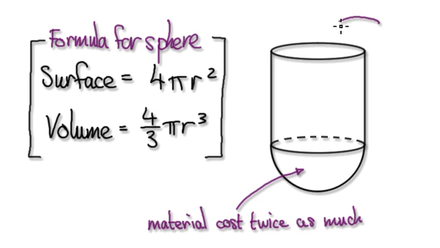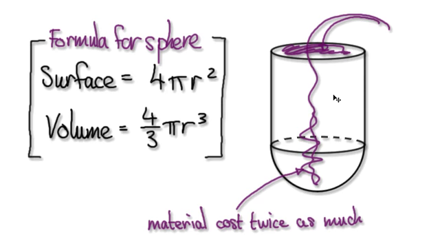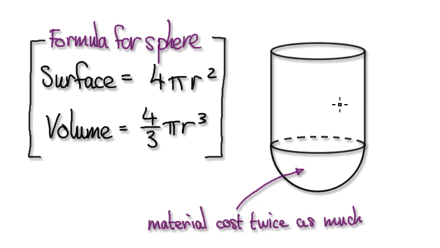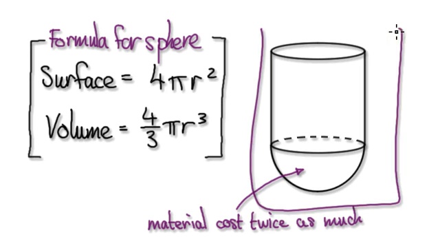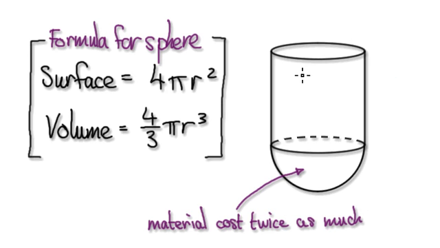Bear in mind that this is an open top, so you can pour water into here. Remember that the material for the dome costs twice as much as the material needed for the cylinder. So minimize the cost needed to make this water container.